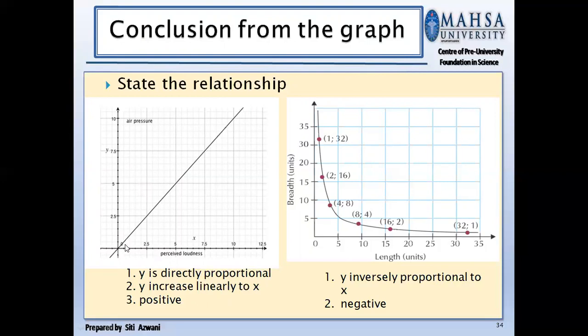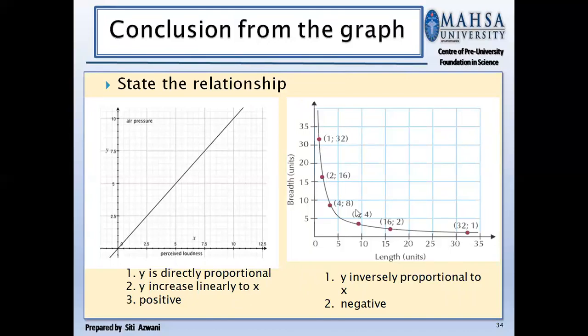When you have data where the average increases, the perceived loudness also increases. So y is directly proportional to x, a positive relationship, or you can say y increases linearly to x. How about this graph?